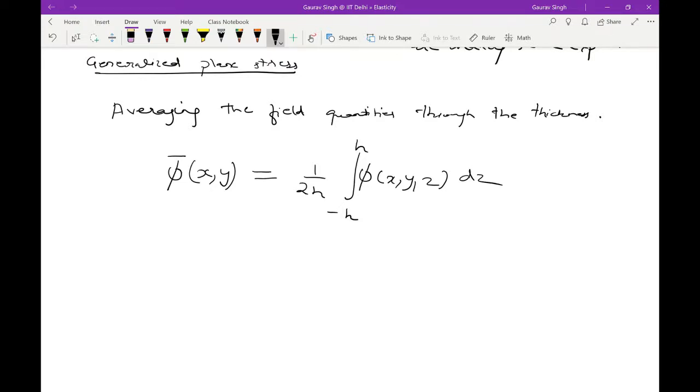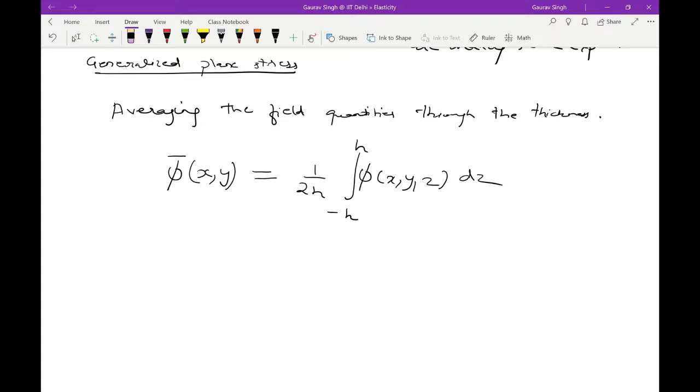So doing this operation will remove any dependency on the z coordinate. The assumption that h is much smaller than the other dimensions of the problem is still holding. You can't remove that, otherwise it's not plane stress.